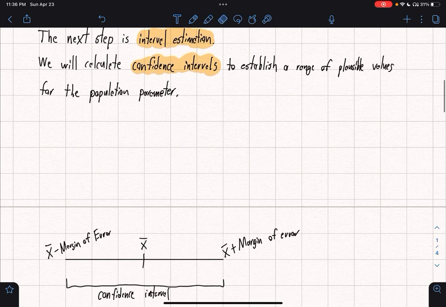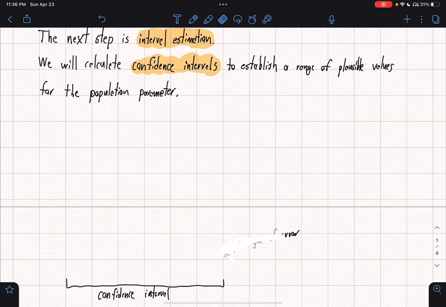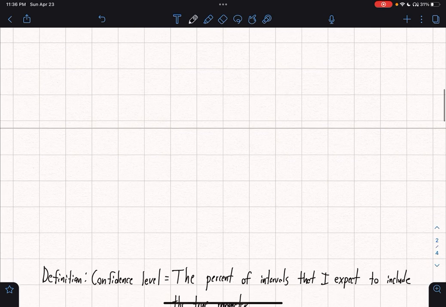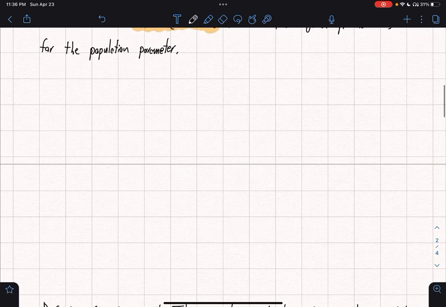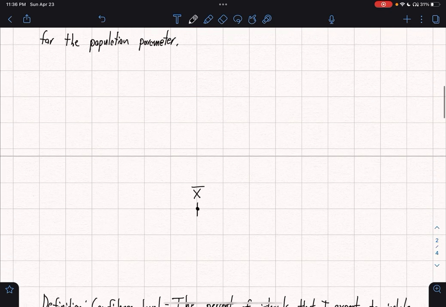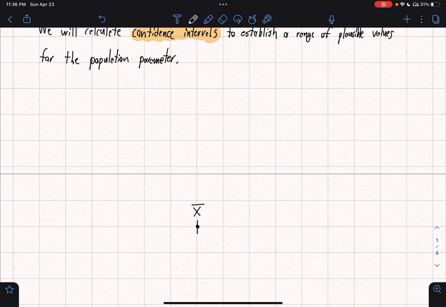So let me actually delete some of this. So let's represent this. We have been starting with some estimate. Let's say x bar. It's a single point, right? There's just this one value. It's a number, x bar.